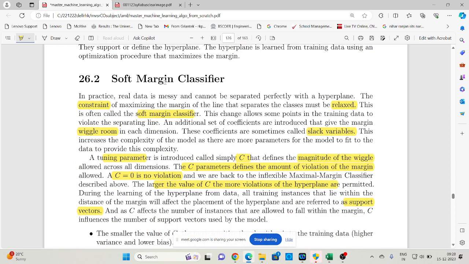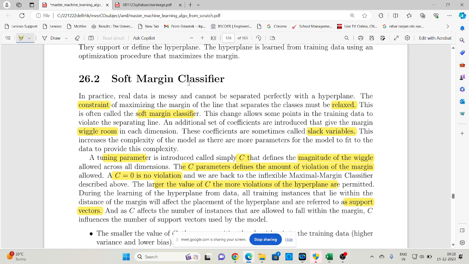There is one more term called soft margin classifier. What is a soft margin classifier? We are relaxing the constraints given to the maximal margin classifier, because real data will make it very difficult for us to create a perfect hyperplane.